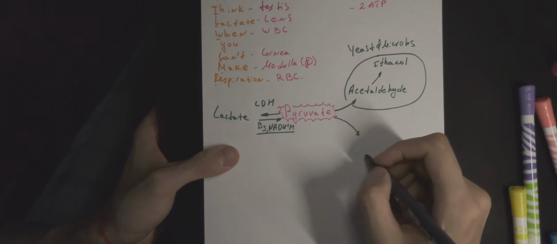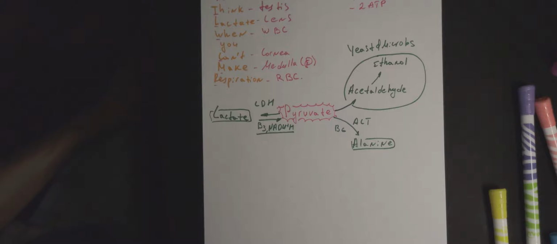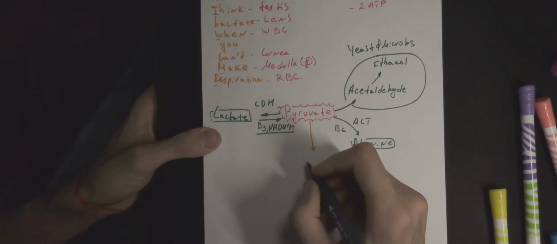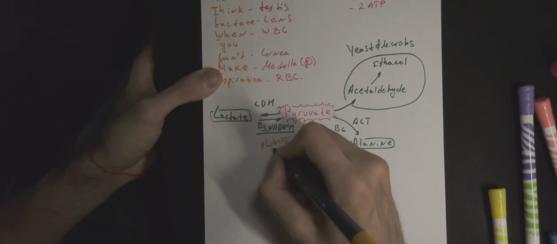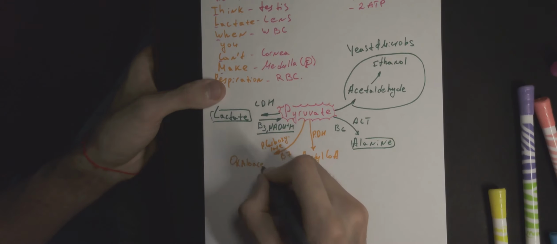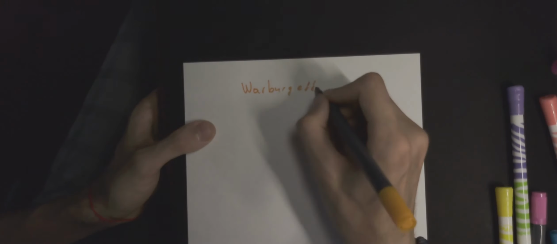Eventually, pyruvate can be transformed to acetyl-CoA via pyruvate dehydrogenase, or oxaloacetate by the enzyme called pyruvate carboxylase and vitamin B7. And last but not least, the Warburg effect, which occurs in tumor cells.